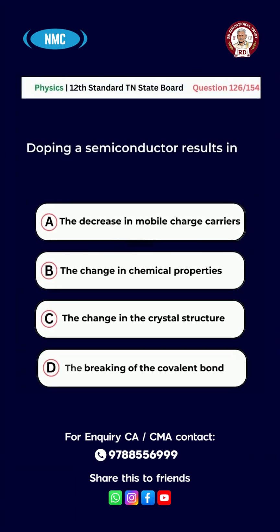Question number 126. Doping a semiconductor results in: option A, the decrease in mobile charge carriers; B, change in chemical properties; C, the change in crystal structure; D, the breaking of covalent bond. The right answer is option C, the change in crystal structure.